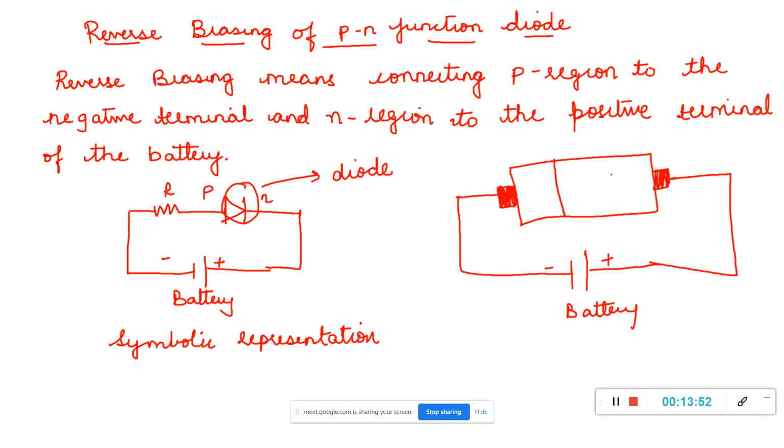Here we have the P region, here we have the N region, and here we have the junction, electrons, holes.